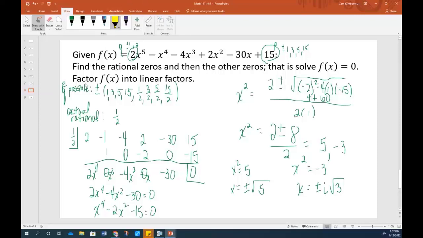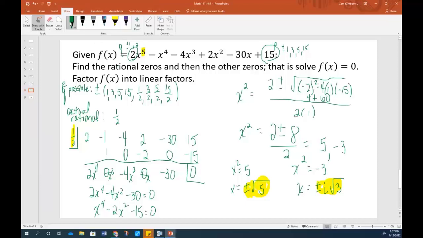So I actually have this rational root here at 1/2. Then I have 2 irrationals here, and then I have 2 more that have an imaginary with them. So that gives me a total of 5, which accounts for all 5 of them from that very first exponent.